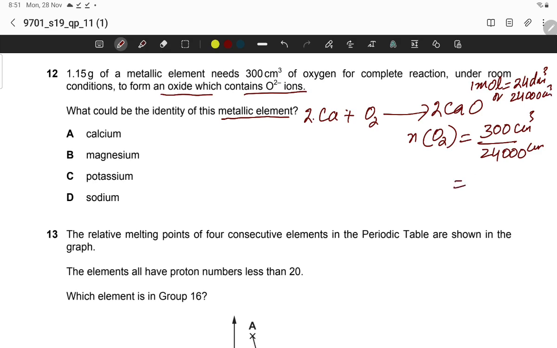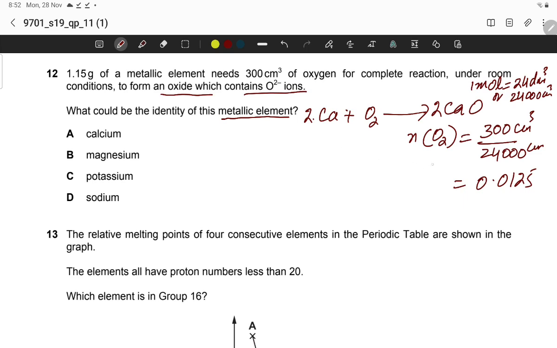So the moles are 300 divided by 24,000, equal to 0.0125.